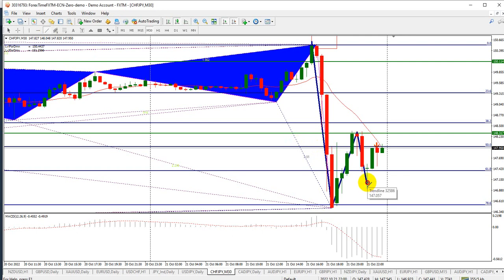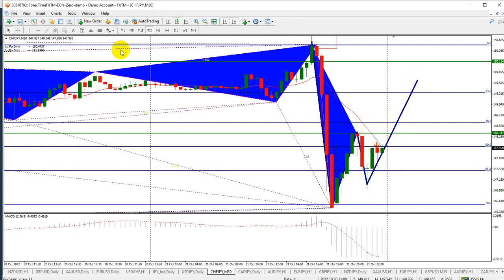Let's wait first for the markets to open, then we'll look at our XABC pattern and then know when to sell. So don't buy, wait for the market to get towards the D point. Let's wait for the market to open on Monday, within the week.